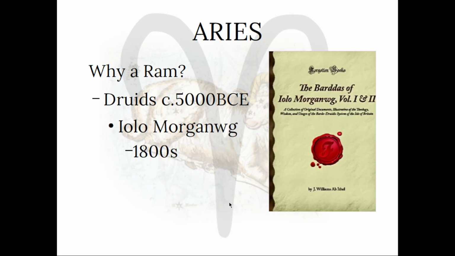Do we have a name that the ancient British people called the constellation Aries? Well, in the Bardas of Iolo Morganwg, there is a list of constellations.